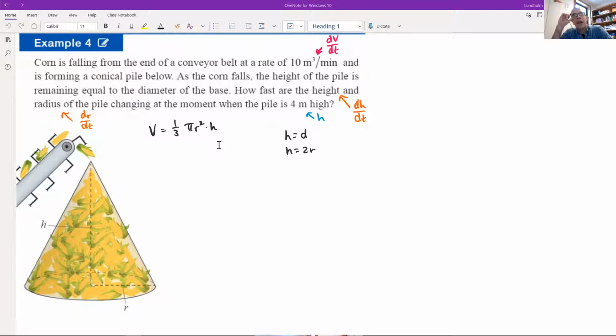And then we got to think about, can we use this to make a substitution here and get rid of one of those variables? The answer is yes. And honestly, we could do it either way. We could put in 2r in for h, or we could put in 1/2 h in for r. Doesn't matter.